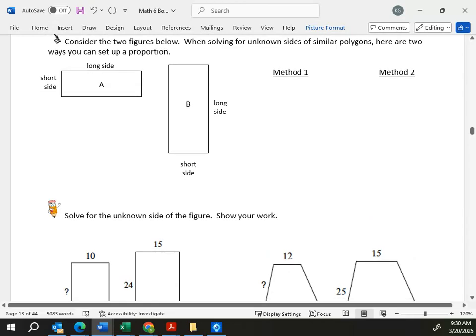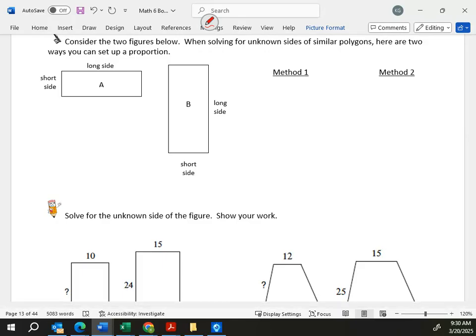So we have our A and our B. This one, the A is smaller, the B is bigger. It really doesn't matter which one you call A and B. What matters is how we line them up. So there are two different methods to line these up.